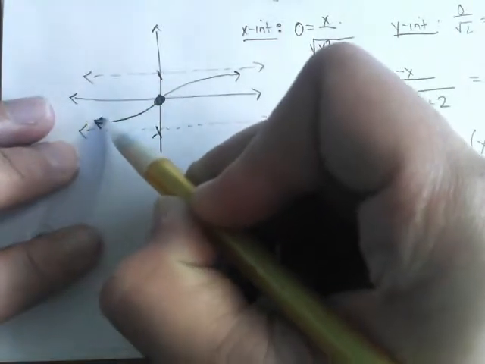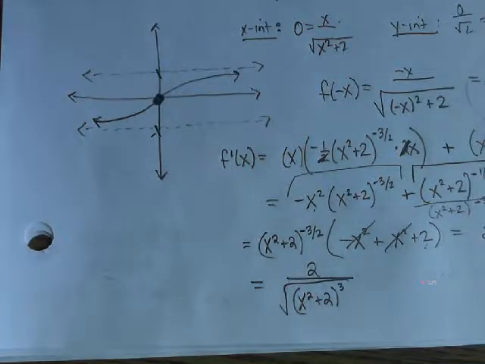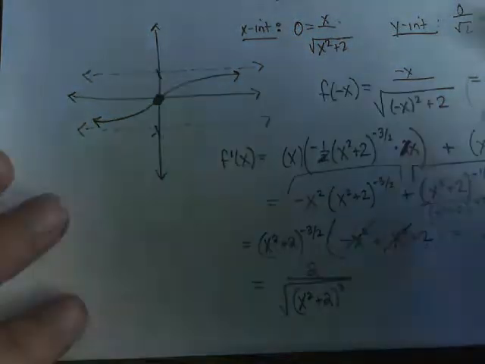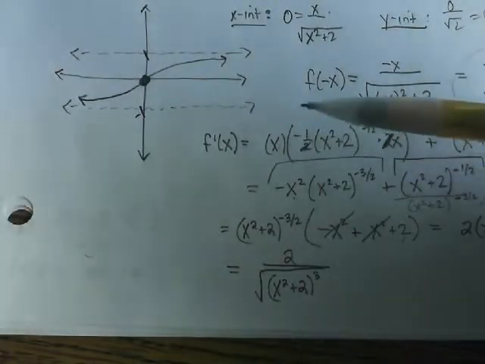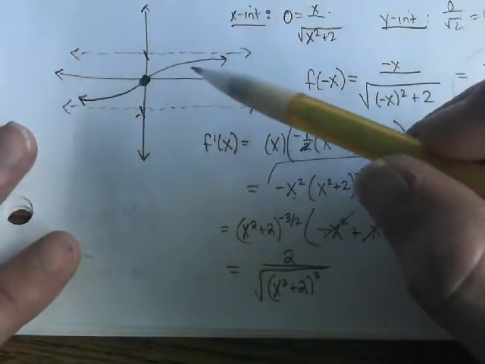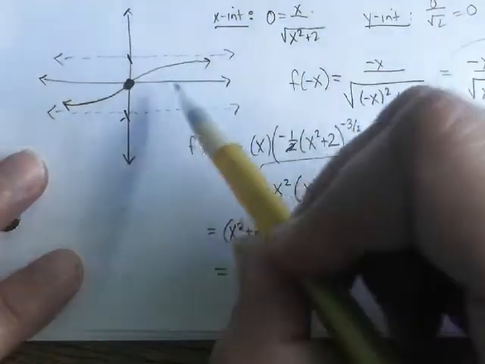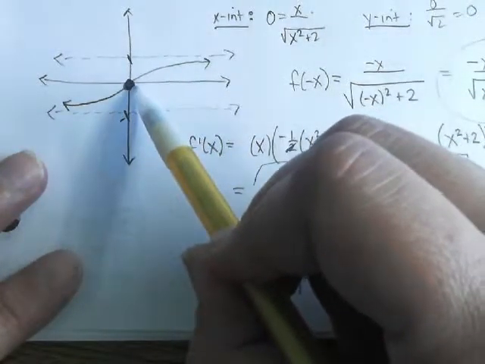If you're not confident and you want added confidence, we also could look at the second derivative, which will not be nearly as ugly as the first derivative, because if we left off with that as the first derivative, our second derivative is just a power rule.